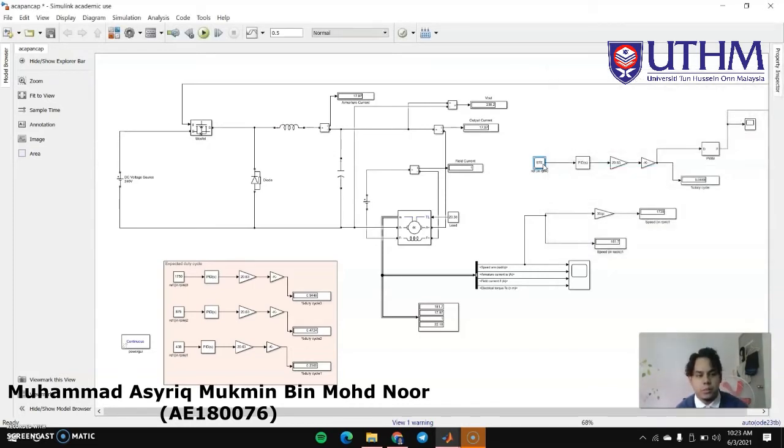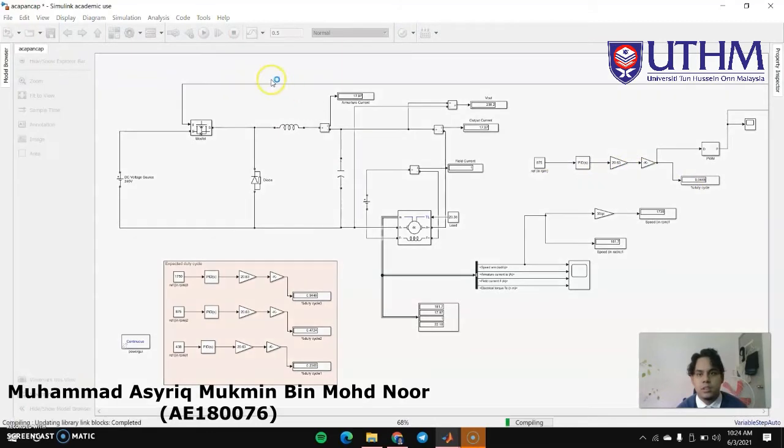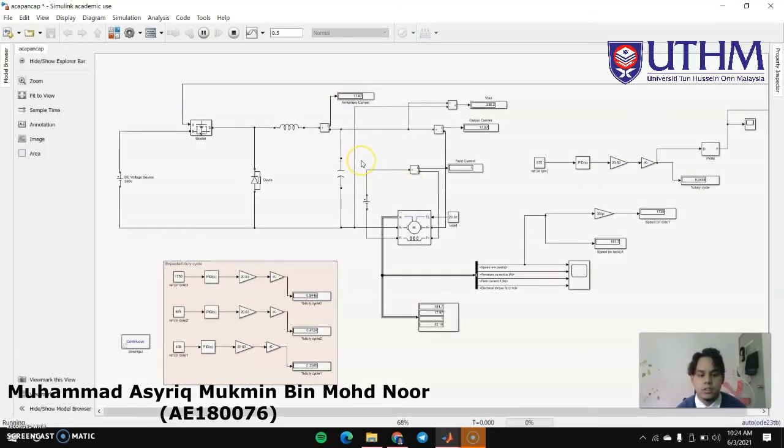So we try to determine whether it's correct or not. Right, at 875, the duty cycle here should be 0.5 and the voltage output here should be 120 something. Right, so we proceed to see whether it follows the theoretical value or not.